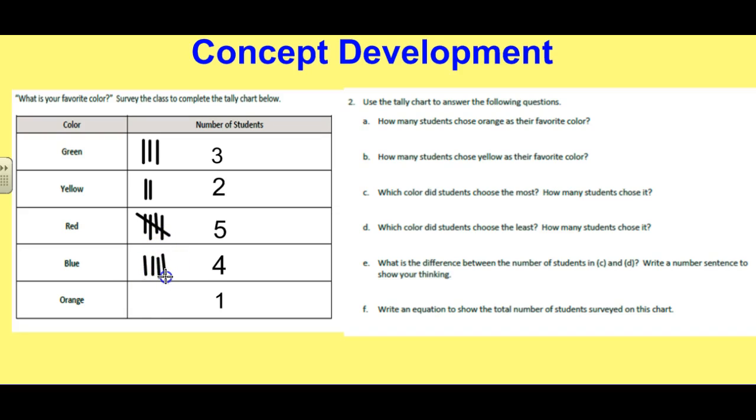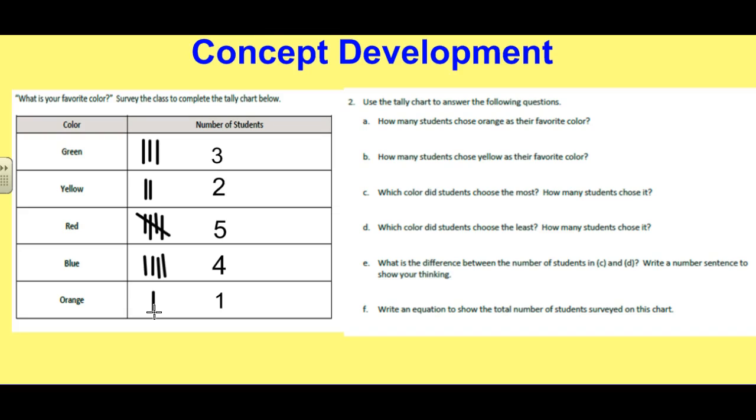So it might be a good idea for you to write next to your tally marks how much those tally marks represent on your paper. Because once you have that finished, we're going to be ready to answer some questions based on your tally chart.